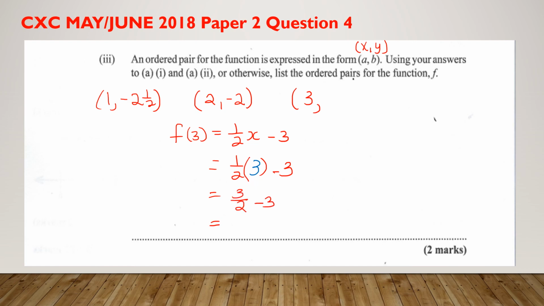Plug that into your calculator. 3 over 2 minus 3 is going to give us negative 3 over 2, or negative 1.5. So this will be negative 1.5.